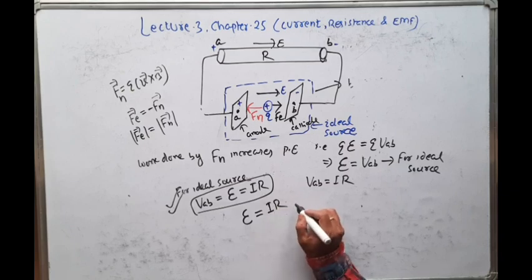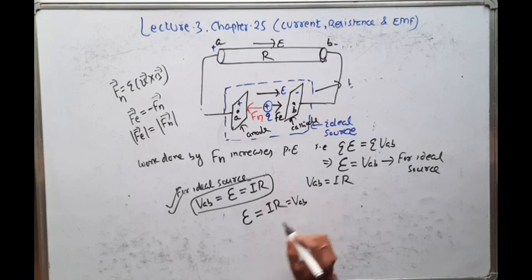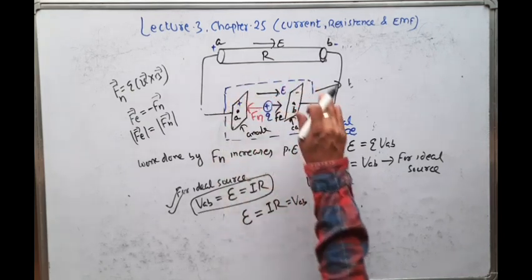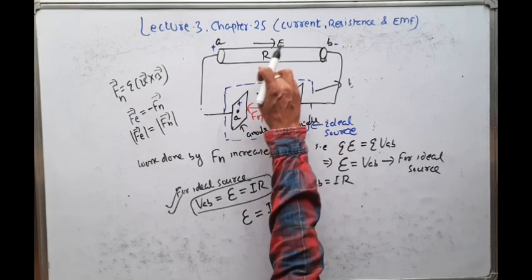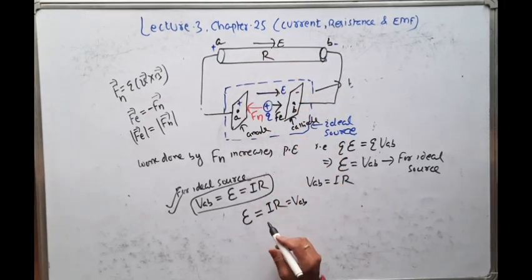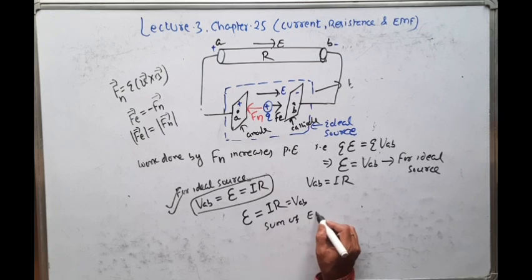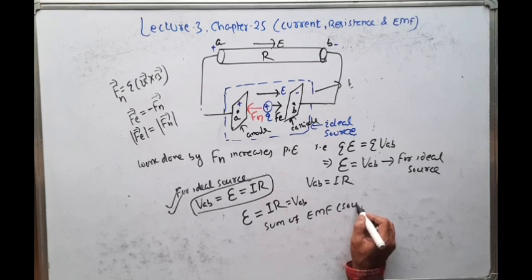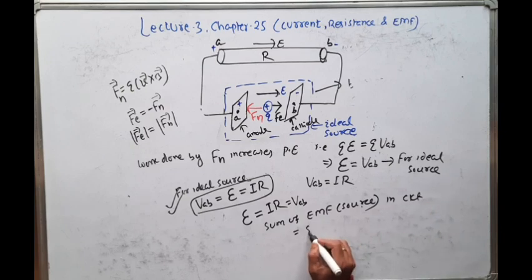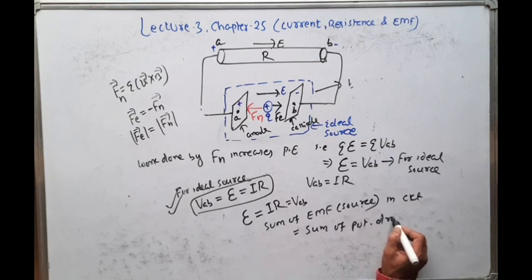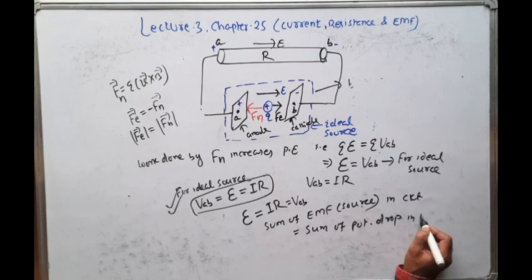So you can say this IR is equal to VAB. So in a closed circuit, the rise in voltage is equal to the drop in voltage in other elements, or you can say the sum of EMF sources in the circuit is equal to the sum of potential drops in the circuit.